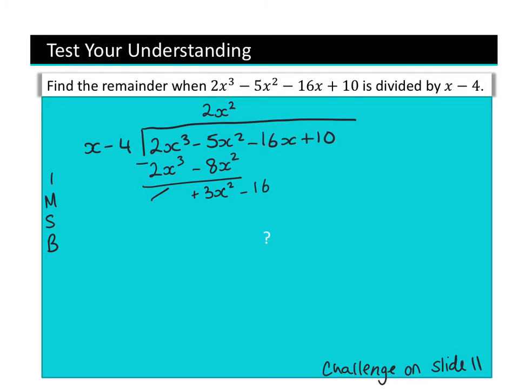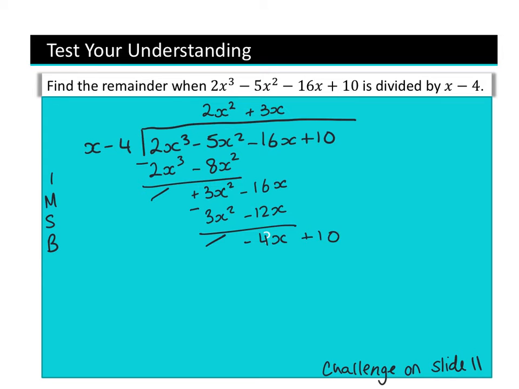Bring down minus 16x. Into 3x. Okay, multiply. We're going to have 3x squared minus 12x. Subtract. First two terms are going to cancel. We know we're right. Minus 16 minus minus 12 is minus 16 plus 12, which is minus 4x.